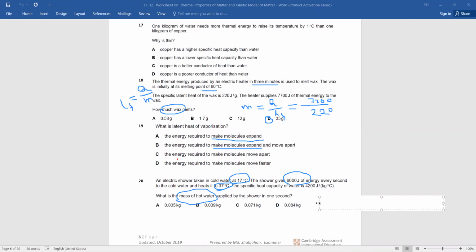Your equation you wrote first was c equals Q by m del theta. Yes, sir, c equals Q by m del theta. Here there is no option for writing theta for me, so I'm writing del theta.